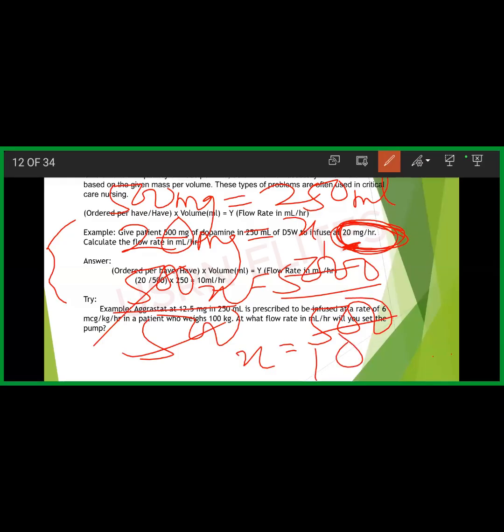Right. So look at where I'm circling. For this 20 milligrams per hour, we were able to find the 20 milligrams in mils because of what you were given. And that is 10 mils. It means for every hour, we have 10 mils of this solution going.